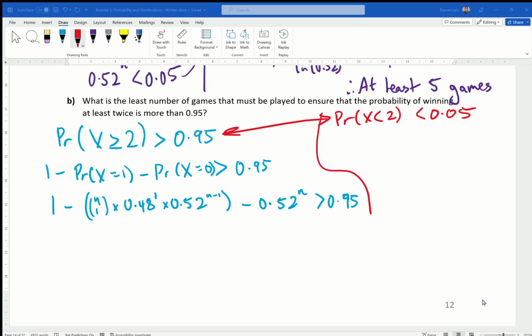Now, what these mean is that if you have x equals 2, so you've got 2 trials, you're expecting a 0.23 chance, or 23% chance, of getting at least 2 wins. Let's keep going down, because the question says we want at least twice is more than 0.95. So the first one that gets past 0.95 is 8.